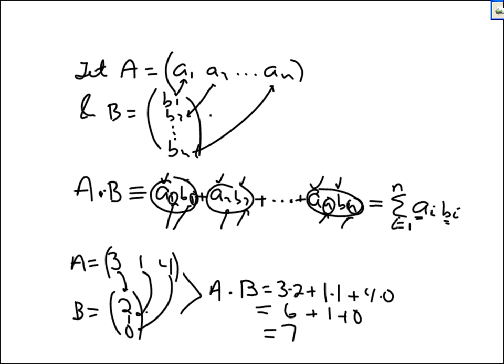The sizes have to be the same. If A has 3 entries, then B has to have 3 entries. Otherwise, like if A had a 4th entry, if the 4th entry was 7, what would you multiply this 7 by? Plus 7 times blank space?